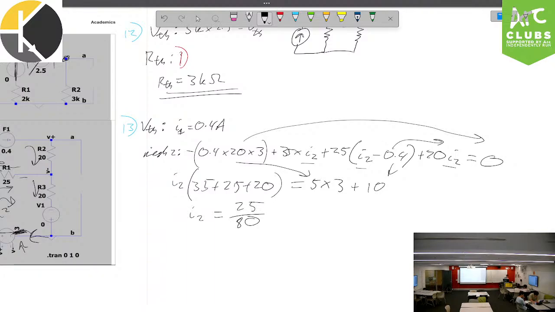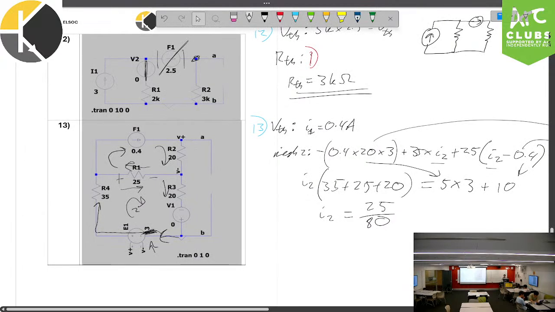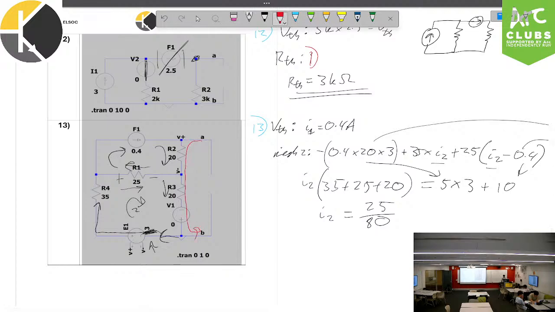All right, that's I2. Now, why was finding I2 important? Let's think about this. I want the voltage running down from here. I'm able to find the voltage over this guy. I'm able to find the voltage over this guy. I can only find the voltage over the R3 value if I have this mesh.